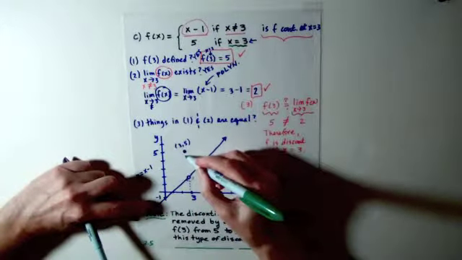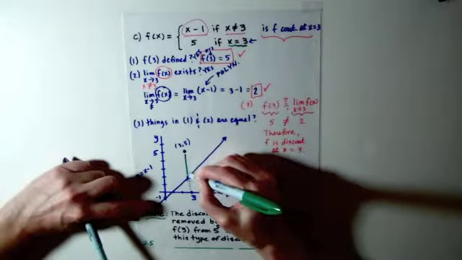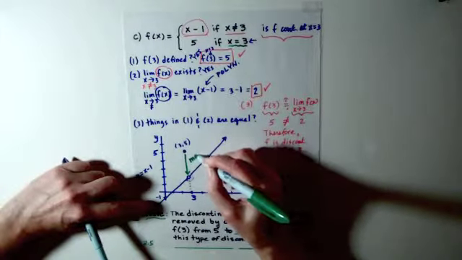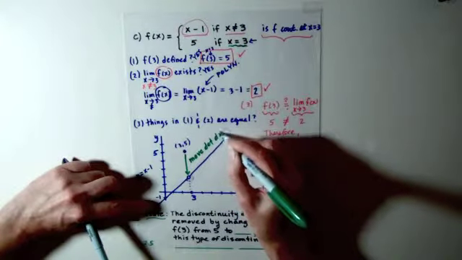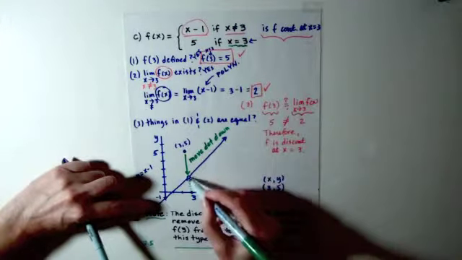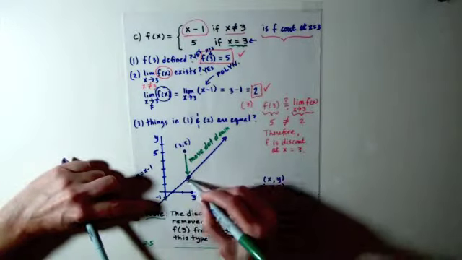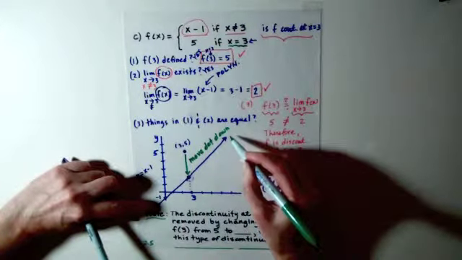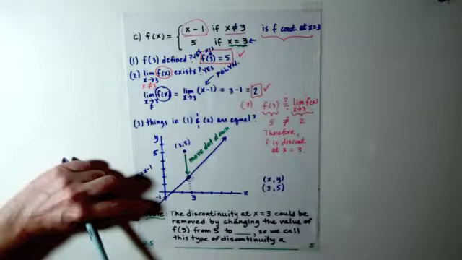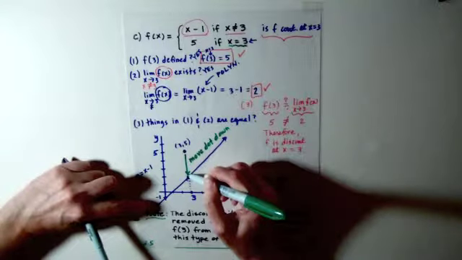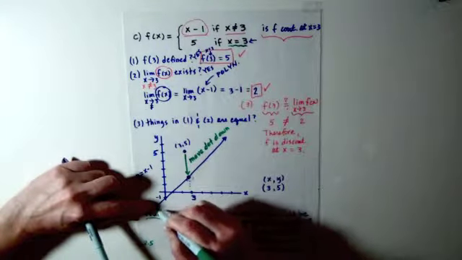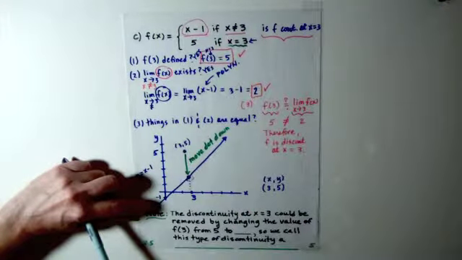Think about what would happen if I were to move this point down, move the dot down, so that it filled in this empty hole here, and we ended up with a nice continuous function right through x equal 3. I could just move this one point down. If I could somehow do that, I would end up with a function that is then continuous at 3.